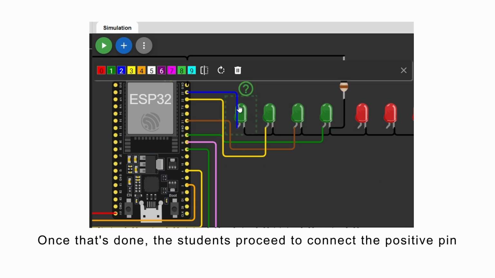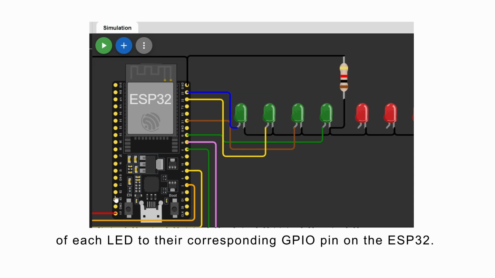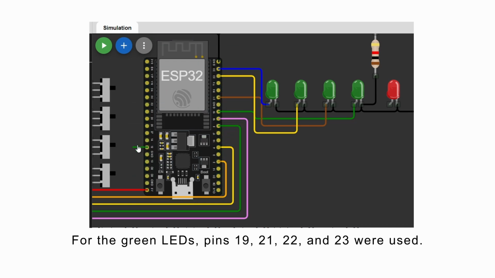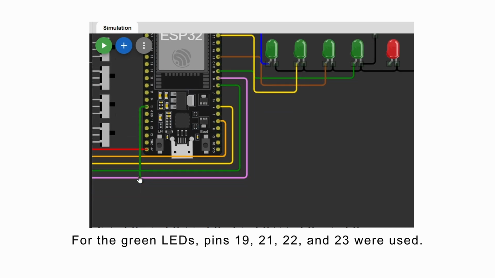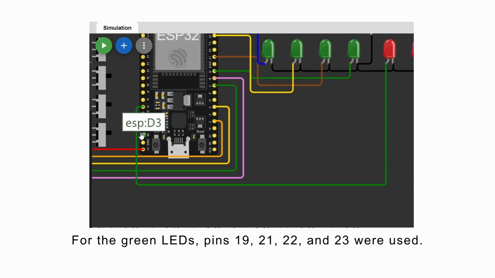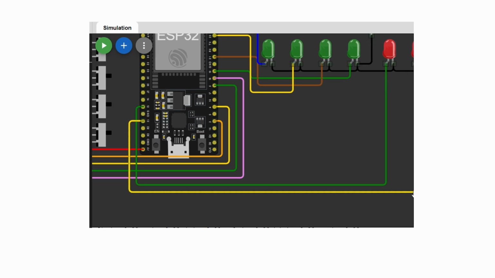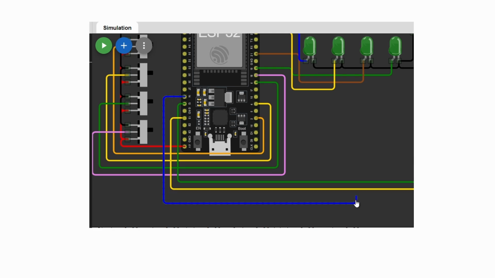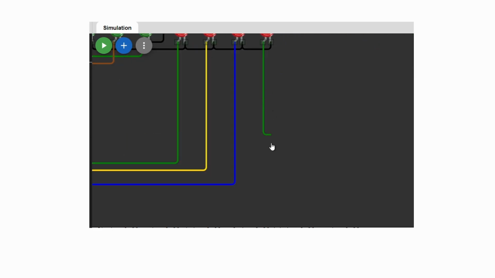Once that's done, the students proceed to connect the positive pin of each LED to their corresponding GPIO pin on the ESP32. For the green LEDs, pins 19, 21, 22, and 23 were used. The red LEDs, on the other hand, were connected to pins 12 to 15 respectively.